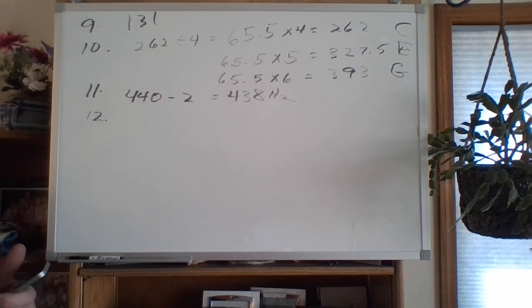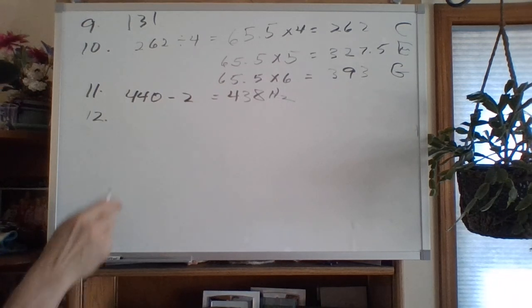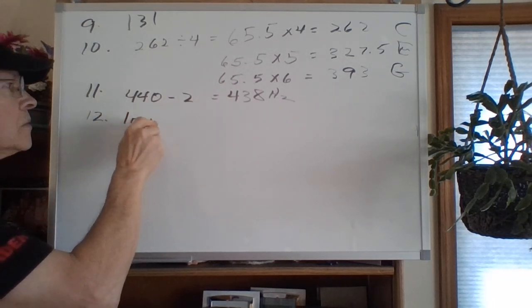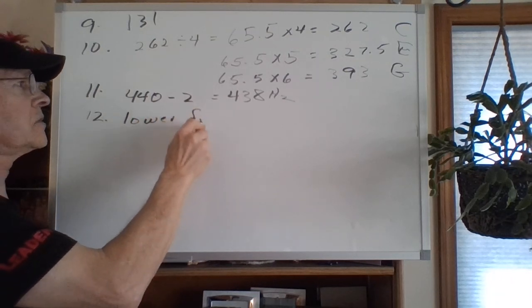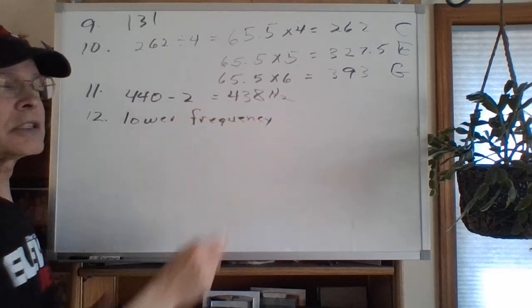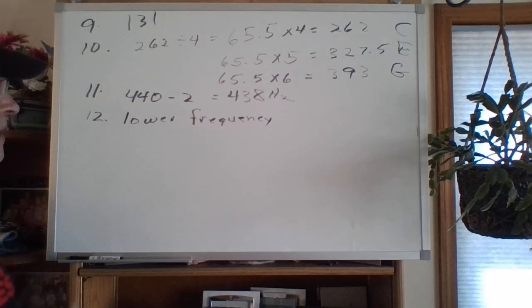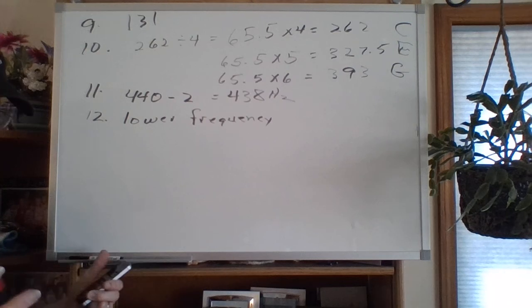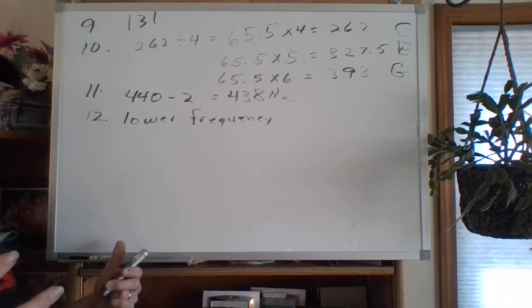Number 12, increasing linear density of a string. Will it lower the frequency? Sure. You see it on a piano or on the low strings of a guitar or violin. You see it on the band instruments, the ones that have the most air in them, like tubas.